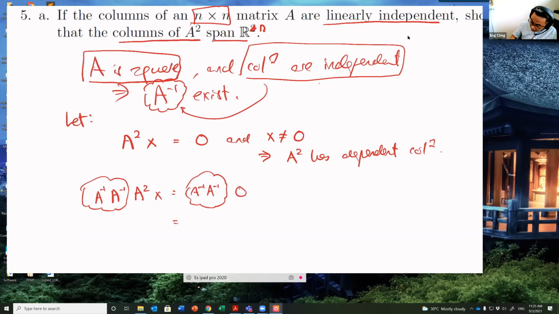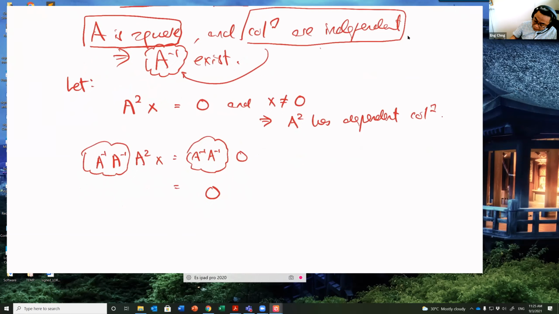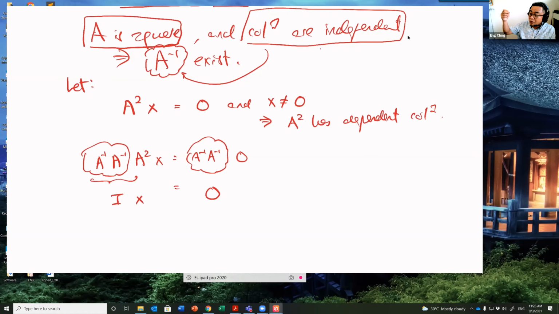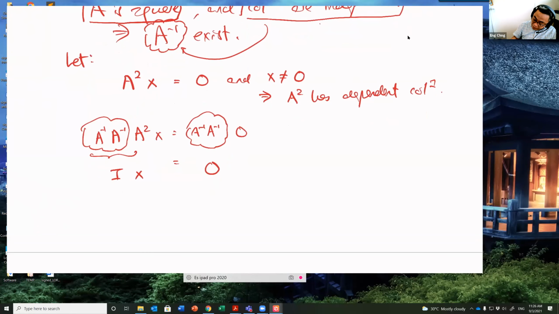And therefore, A minus 1 times A minus 1 times 0. Anything times 0 is still the 0 vector. A minus 1 times A square, of course, reduces to the identity. And we are back to Ix equals to 0. I is the identity. X, we are told, is not equal to 0. So, of course, this is not true.